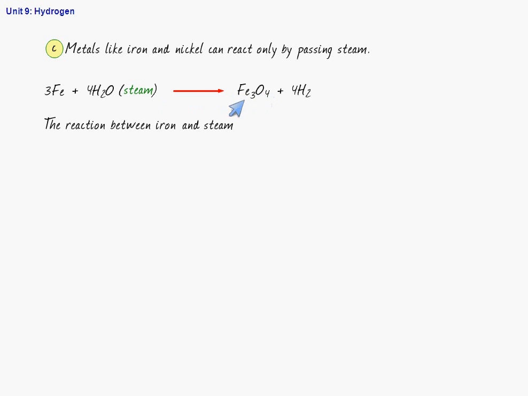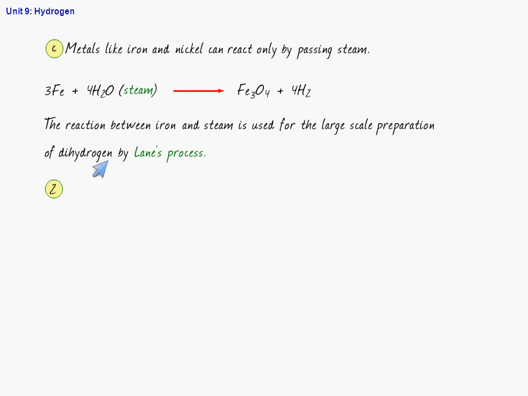The reaction between iron and steam is used for the large scale preparation of dihydrogen by Lane's process. This process is called Lane's process.